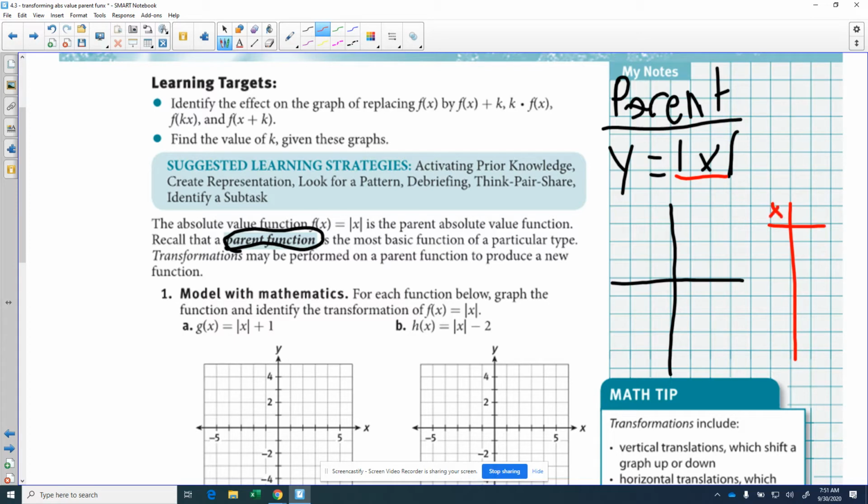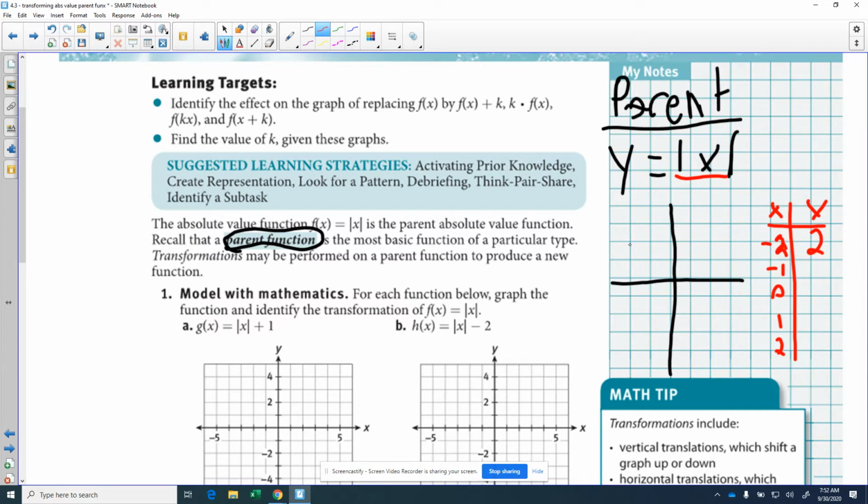If I do a quick X, Y chart, and I plug in the values -2, -1, 0, 1, and 2 into that equation, we want to know what happens. Well, if I plug -2 into the absolute value of x, my answer is just going to come out to be +2.